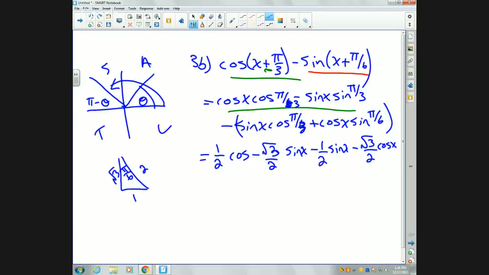Did I do that right? Now the cos of pi over 3 is root 3 over 2. It looks to me like there's a root 3 over 2 cos x and a negative root 3 over 2 cos x.